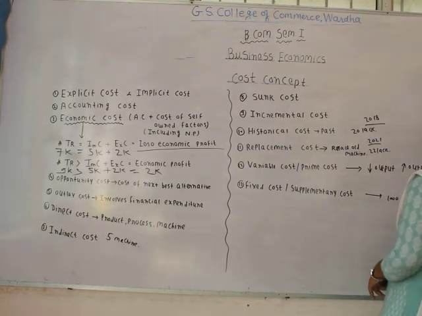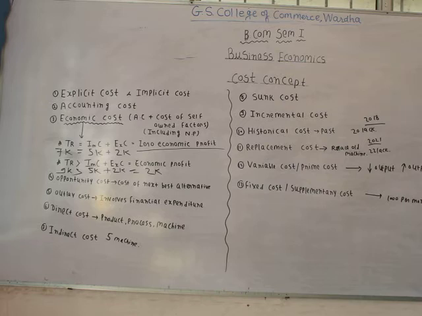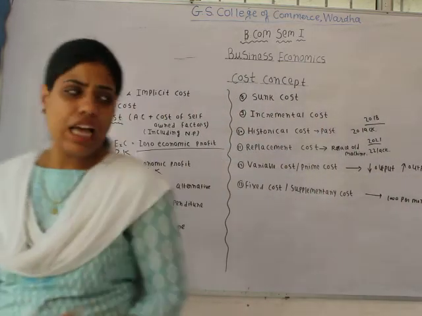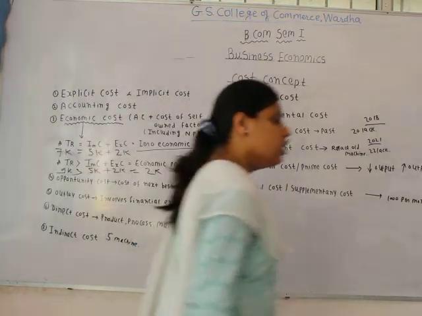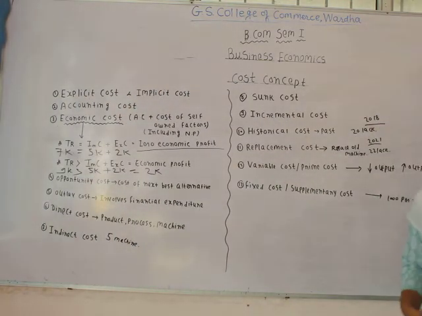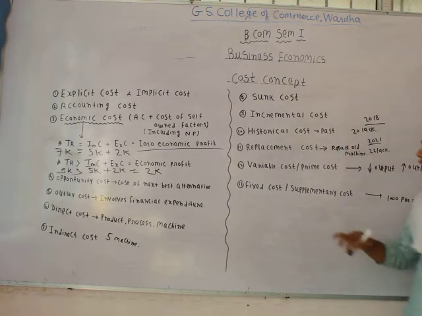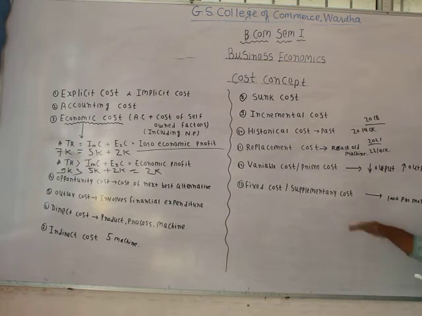Even though you are producing 200 units, still you have to pay 1000 rupees per month as factory rent. Due to an increase in the units of production, this fixed cost is not getting changed. It's not getting increased or decreased due to change in output. That is why it's known as fixed cost.